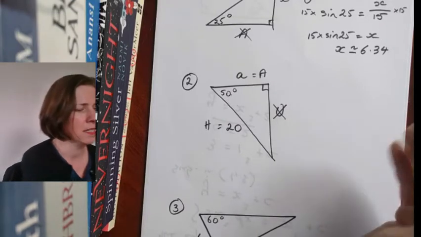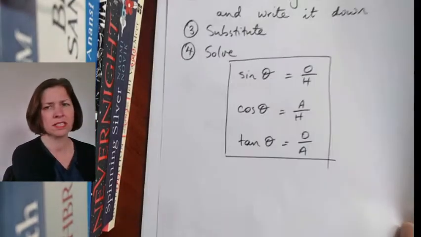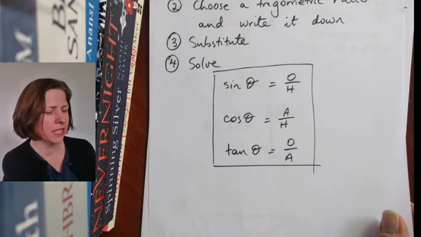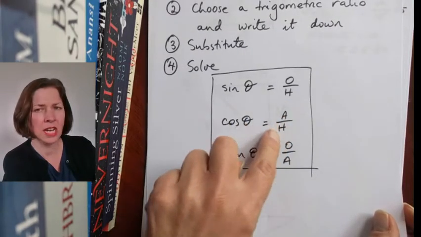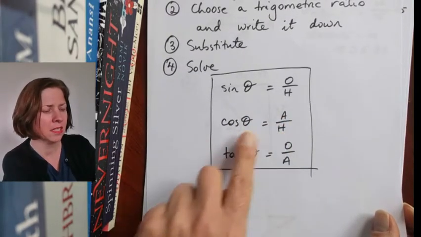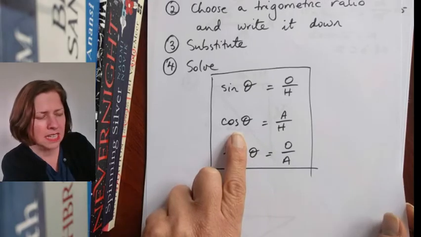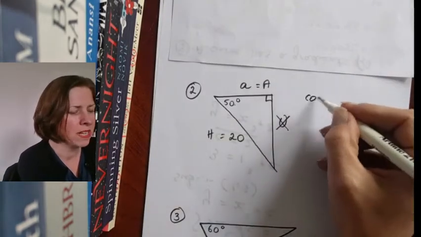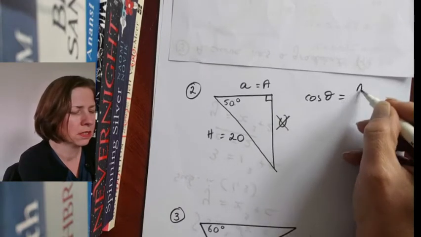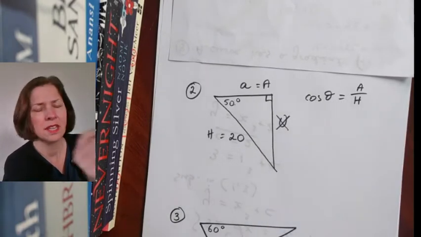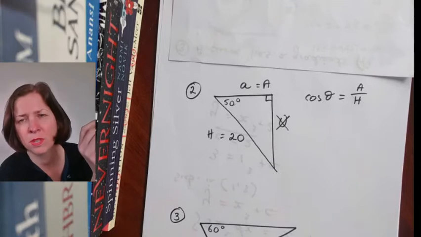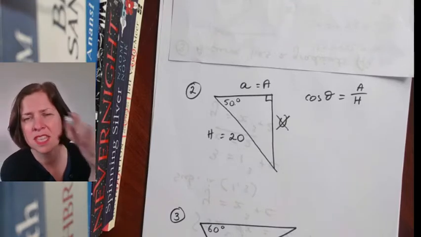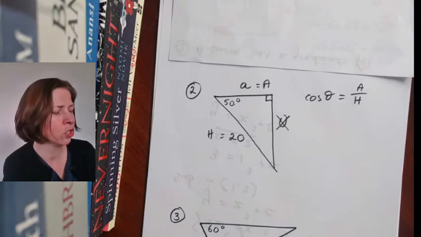So adjacent and hypotenuse, let's look at my trig list. There it is there, adjacent and hypotenuse together. So I'm looking at cos theta equals adjacent over hypotenuse. Write it down. Always write it down first. Apart from anything else, it's the way I signal to the person reading my work that this is the trigonometric ratio I've chosen.